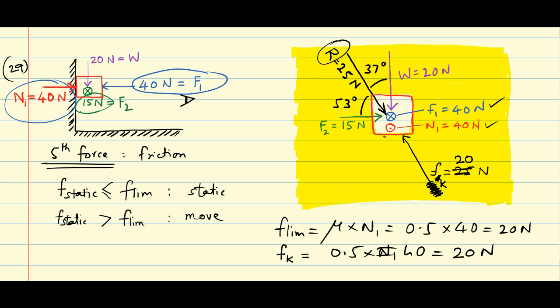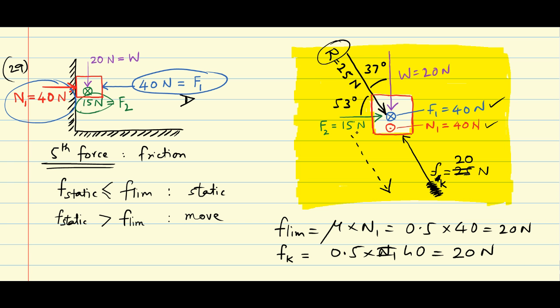So you can see that the block is actually going to slide. It starts from rest and you apply this force R on it, which the frictional force is not able to resist entirely, and naturally the block must slide in the direction of that 25 newton force R, like that.